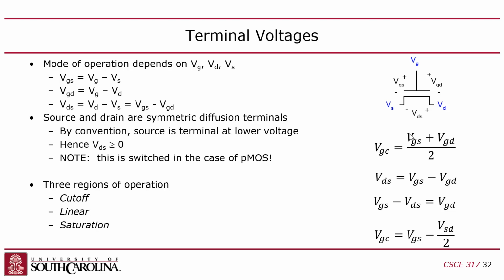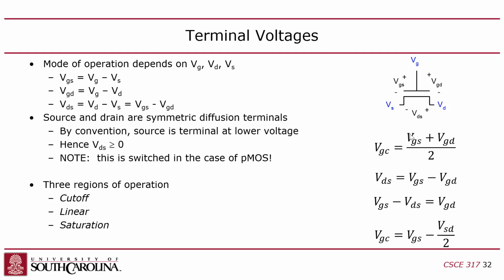they do this, and that's true, but you can also substitute in the VDS, which we get from here. VDS is VGS minus VGD, and if you isolate VGD and substitute it in, you end up with gate channel is gate source minus V drain source over 2.